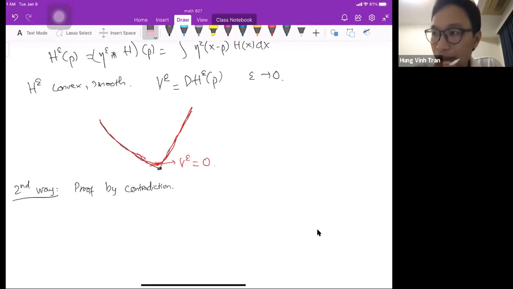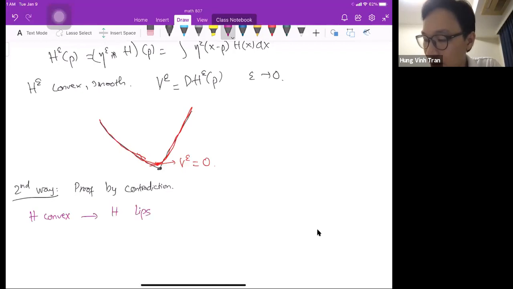One way is exactly to use that inequality. The other way is to use the fact that, and this is also an exercise in baby Rudin, if h is convex, then h is locally Lipschitz.